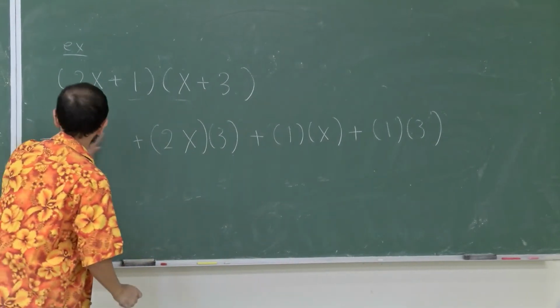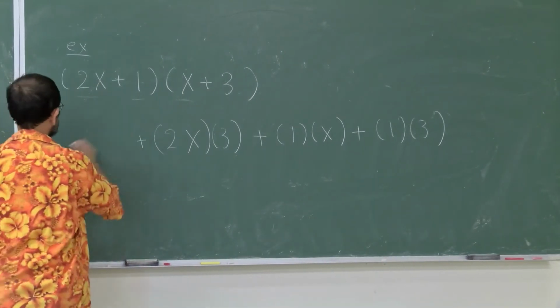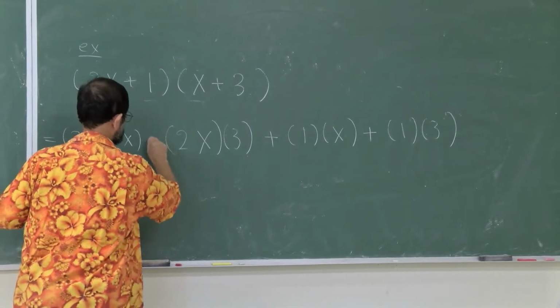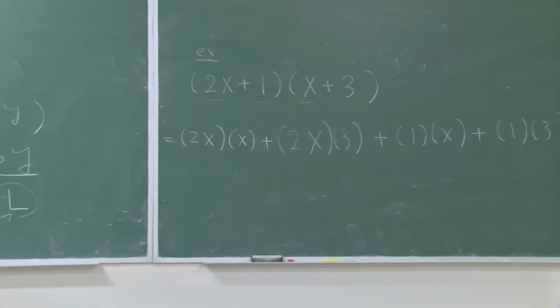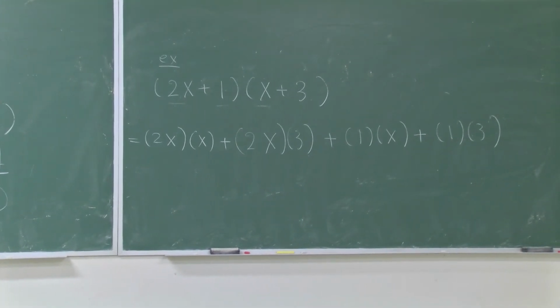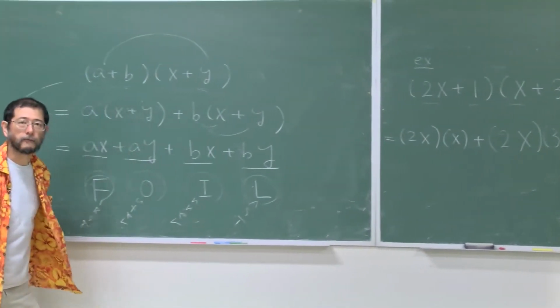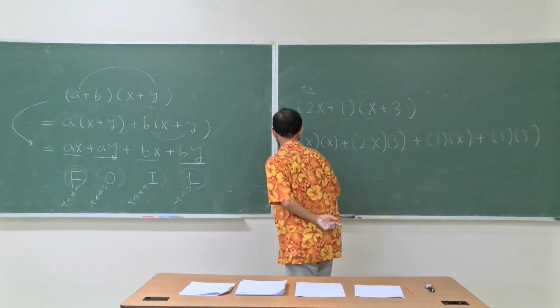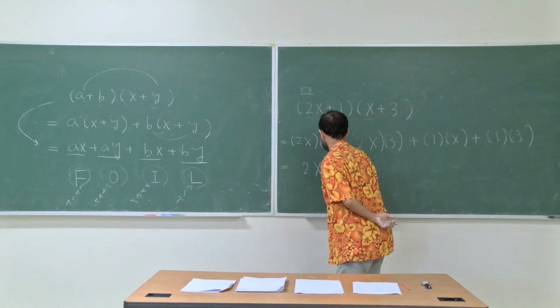So maybe I should write, for the first one, I should just write the 2x times x first. So that corresponds to this FOIL. Then I can simplify each term. So this is 2x squared.